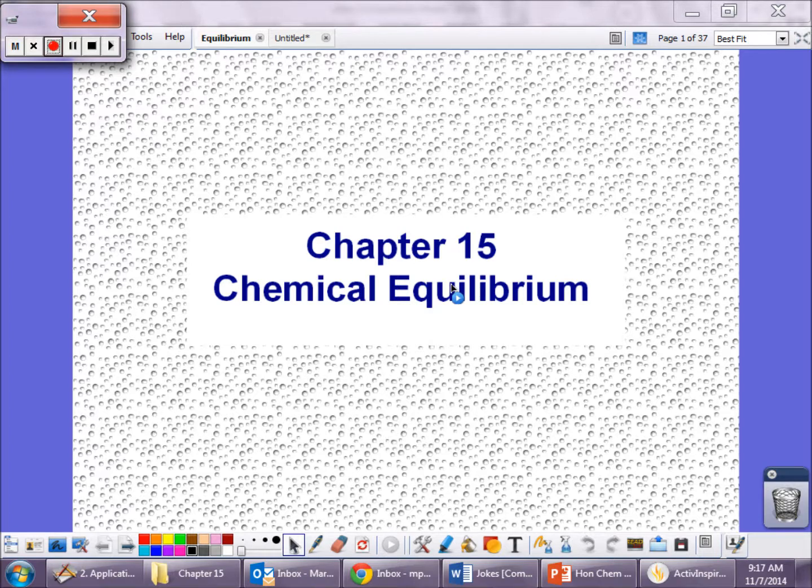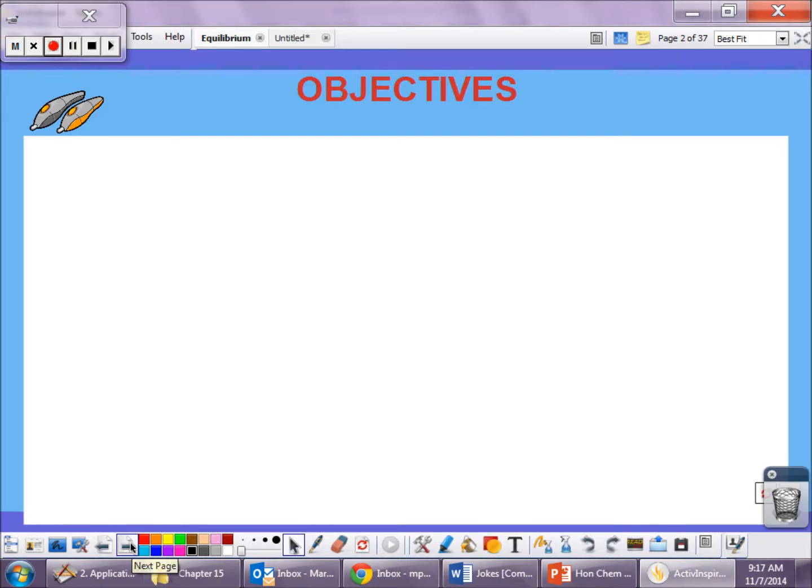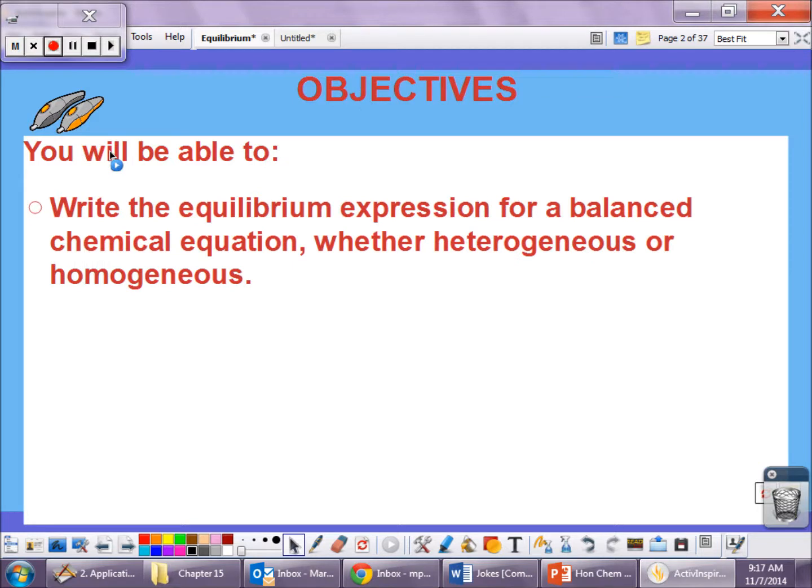Okay, like I said, this is chapter 15, chemical equilibrium. The objectives: we will be able to write the equilibrium expression for a balanced chemical equation, whether heterogeneous or homogeneous.